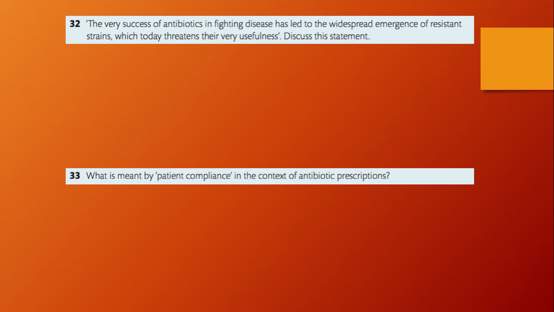Okay, 32 says, the very success of antibiotics in fighting disease has led to the widespread emergence of resistant strains, which today threatens their very usefulness. Discuss this statement. We talked a lot about antibiotics, how they are so good in fighting disease, but they also lead to resistant bacteria.